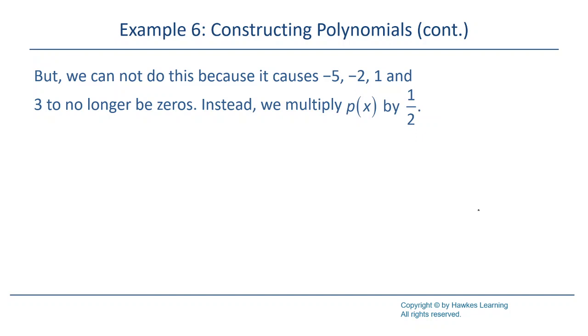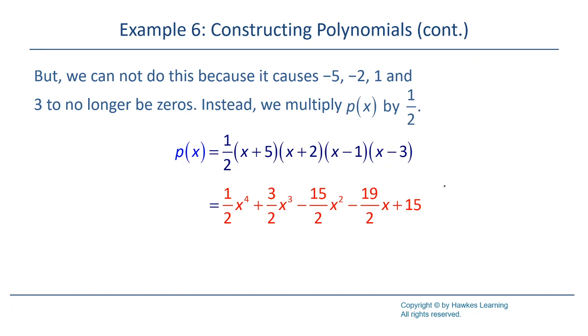So if I want it to stay with those roots, but have a y-intercept of 15, if it's coming out to be 30, I just need to multiply the whole thing by a half. And if I do that, now notice if I plug in 0, I get 5 times 2 times -1 times -3, which does get me 30, but now this 1/2 out front counteracts it. And so now I've got everything I need.